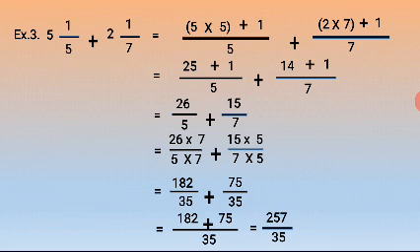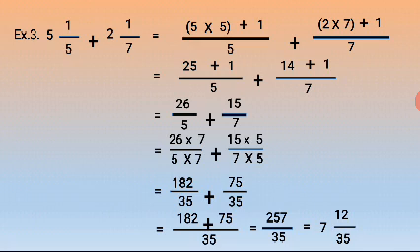The numerator of this fraction is bigger than the denominator, so we take the reduced form of that fraction. Here 257 divided by 35, their quotient is 7 and remainder is 12, so we write this fraction as 7 and 12 upon 35.